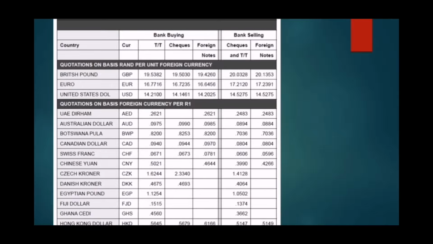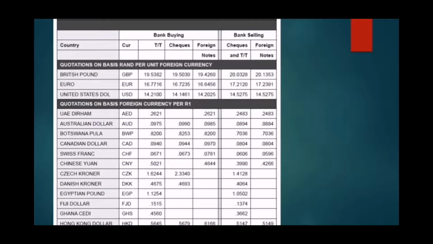Then you will use the scenario and the ROE table that you are provided with. In the ROE table, you have your countries, then your currency codes, then your bank buying rate, which is used when the bank is buying foreign currency from the customer, and then your bank selling rate, which is used when the bank is selling foreign currency to the customer.